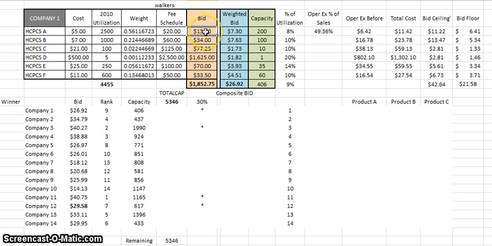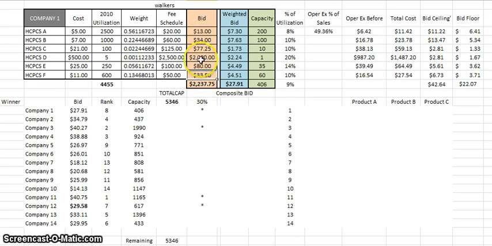The second misconception that people have is that, well, okay, I'm going to bid $13 for HCPC code A, $34 for HCPC code B, $77 for C. Let's say we go $2,000 for D, and heck, we'll go $80 and so on.